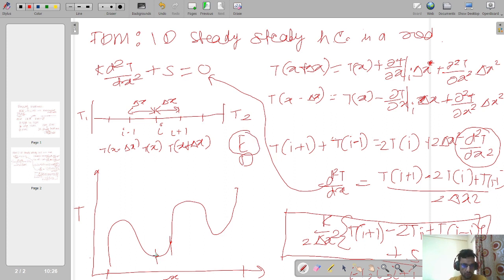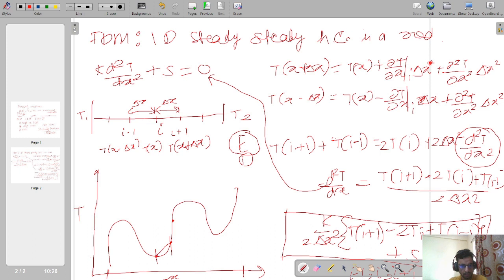If we consider a linear profile, it will look like this. If we consider a quadratic profile in the element, the piecewise profile between two discrete points, we have to also include another point in the finite element.